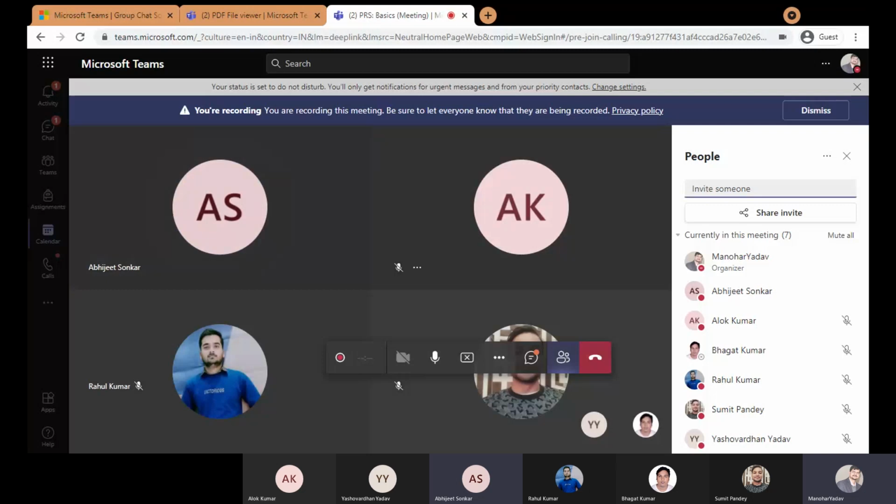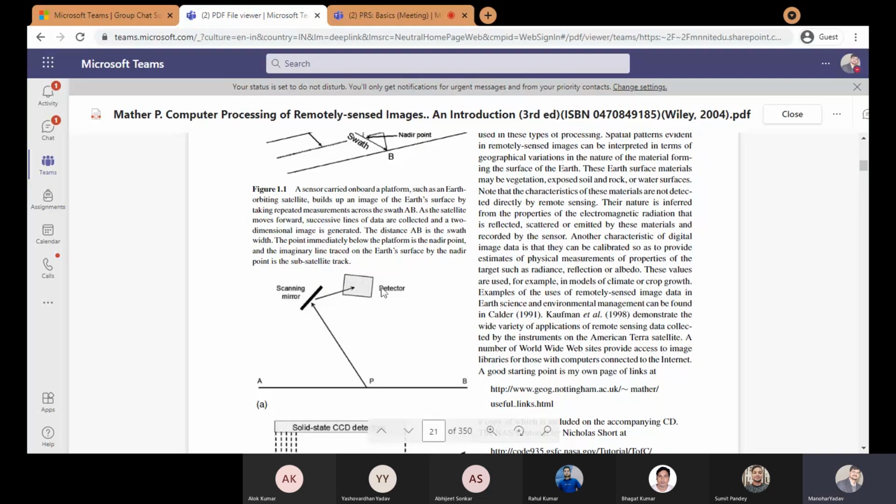Let's say if a sensor is designed for the red band, it only senses the energy coming out from the area in the red band. It will discard all other energy components and sense only the red band energy.